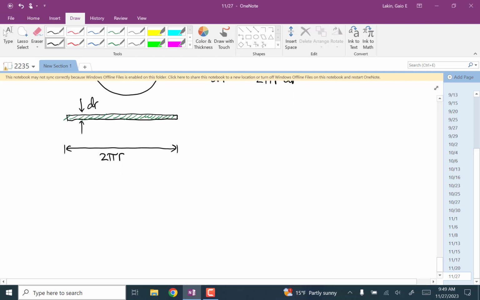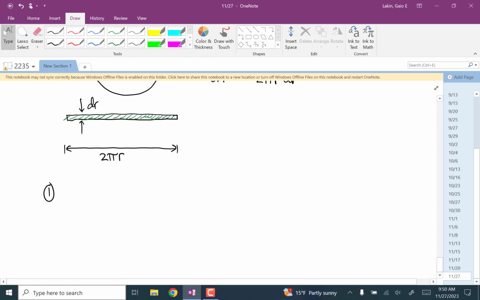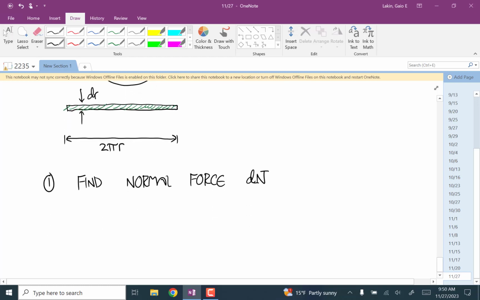So here's what you're gonna do. First, you're going to find the normal force dN for an arbitrary green shaded ring.